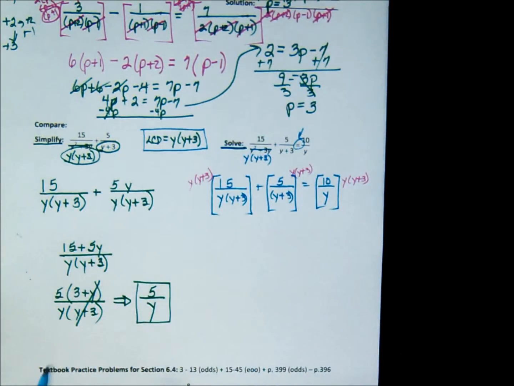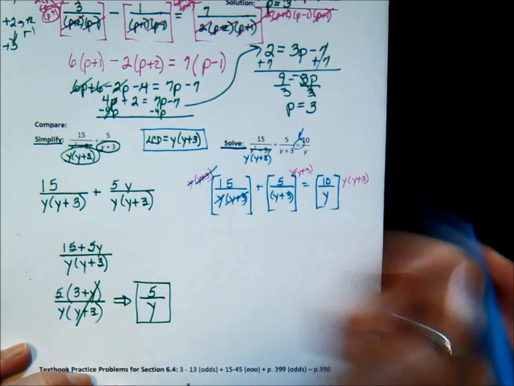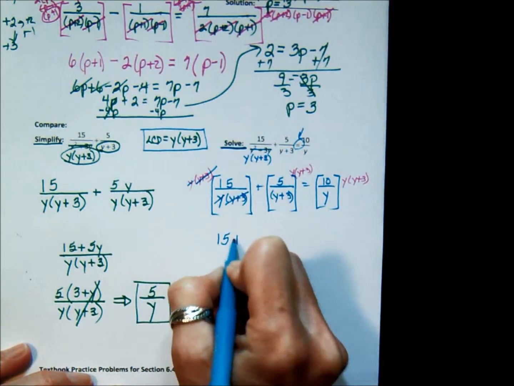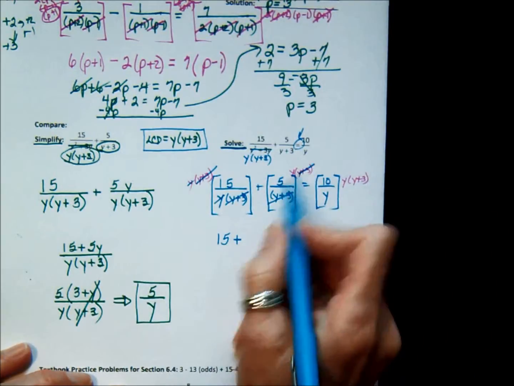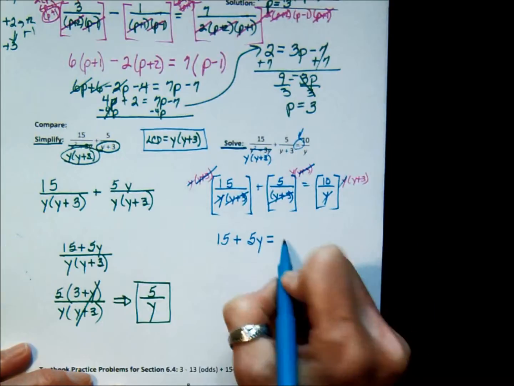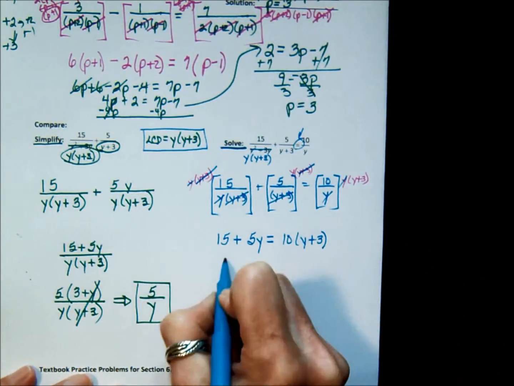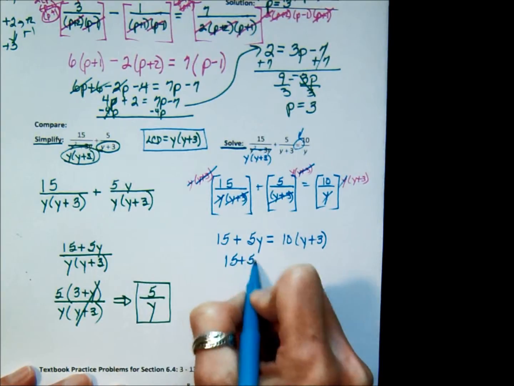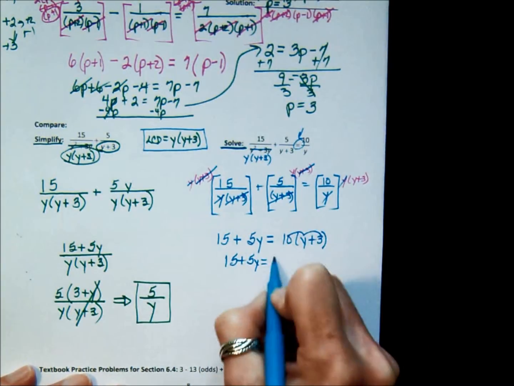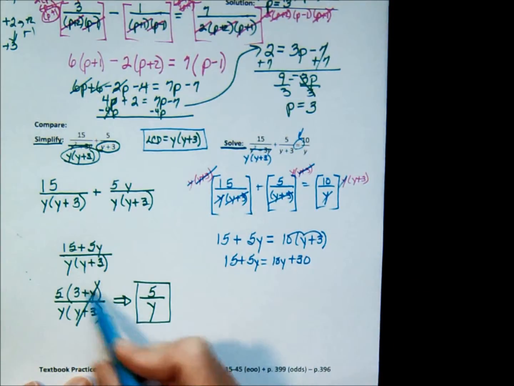So what happens here, y cross cancels y. All I'm left with is a 15. Here I'm left with a 5y. Here I'm left with a 10 times y plus 3. 15 plus 5y equals, distributing, 10y plus 30. And now I don't have a fraction anymore over a common denominator.